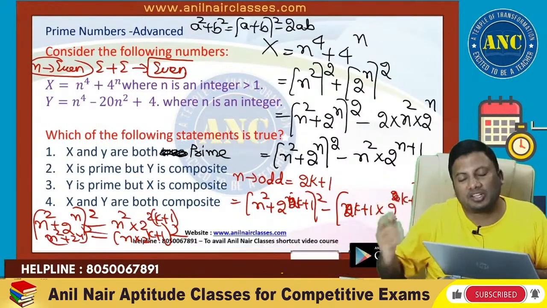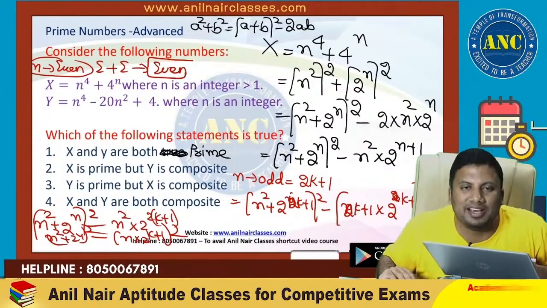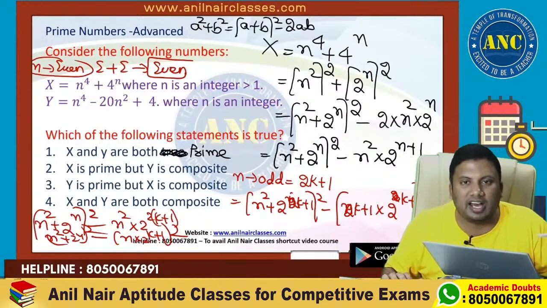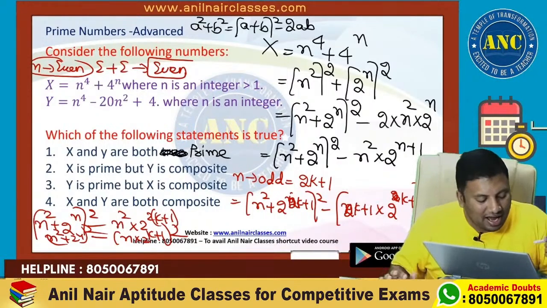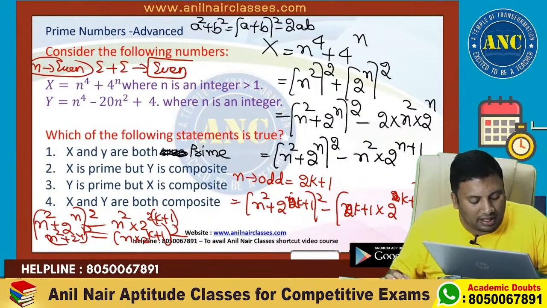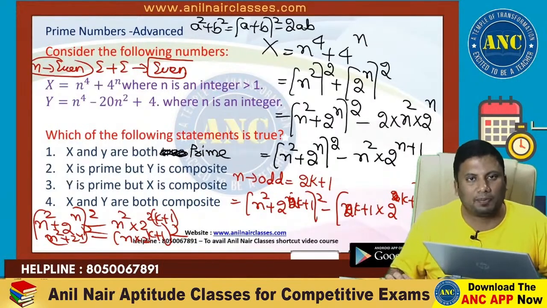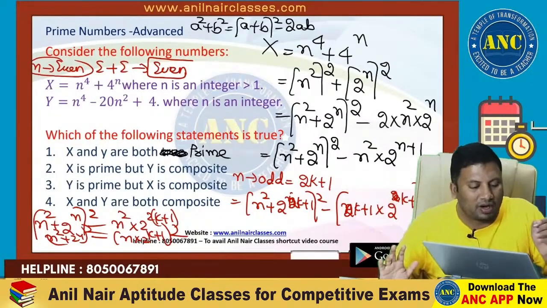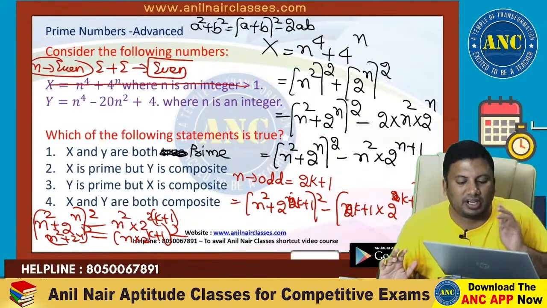A square minus b square is (a plus b) into (a minus b). One factor is n² plus 2^n plus n into 2^(k+1). Another is n² plus 2^n minus n into 2^(k+1). One factor should result in 1. You are not getting 1. So this is a composite number.